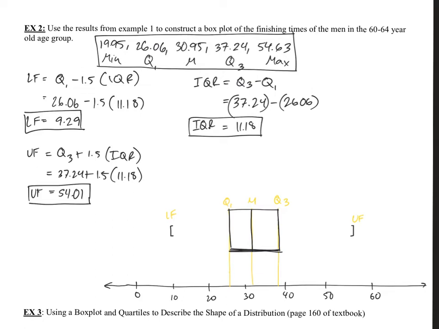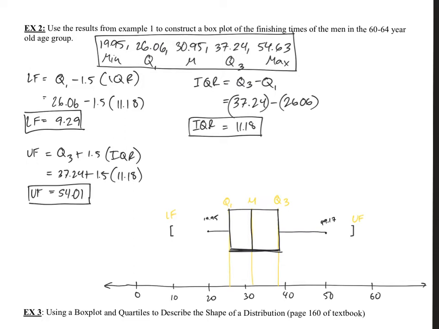So those values are, the smallest one that's closest is 19.95, and the other one is 49.17. Okay, and from these values, we're going to draw in our vertical lines for the whiskers. Oops, that didn't quite connect.